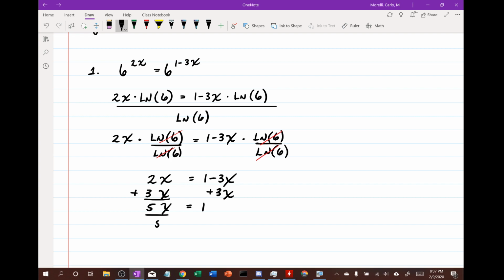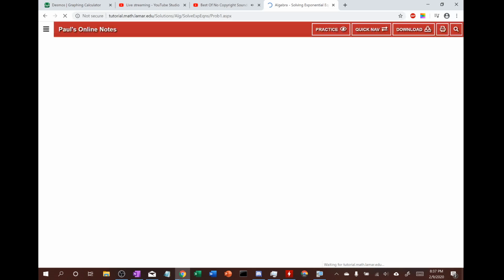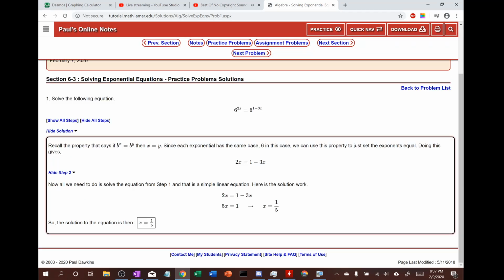So divide both sides by 5. And x equals 1/5. That's so cool. Let's go check and see if we were right. X equals 1/5. Wonderful.